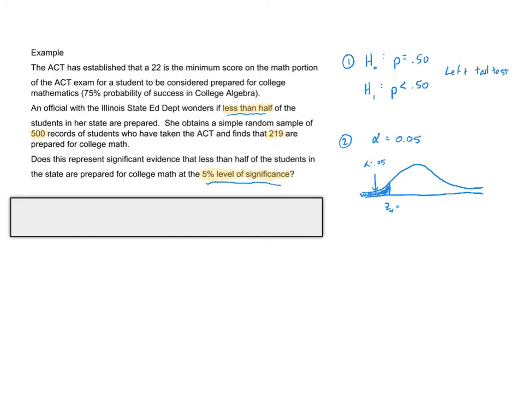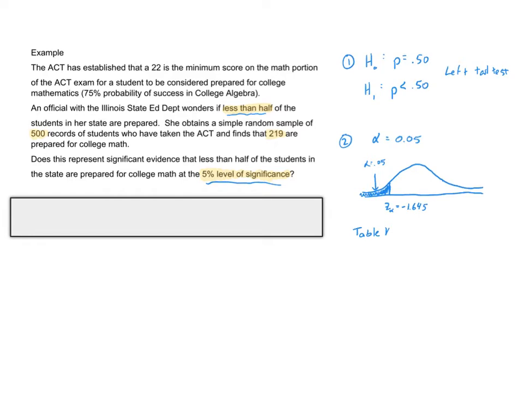Now, z-scores can be found on table 5, and there is the cheat sheet at the bottom, the common confidence level interval values, and also common ones for hypothesis testing. So if you look at table 5, go down to the bottom, z alpha is equal to, let's see, for a left tail test, 5%, it's negative 1.645.